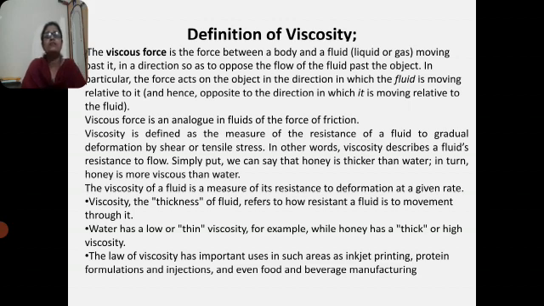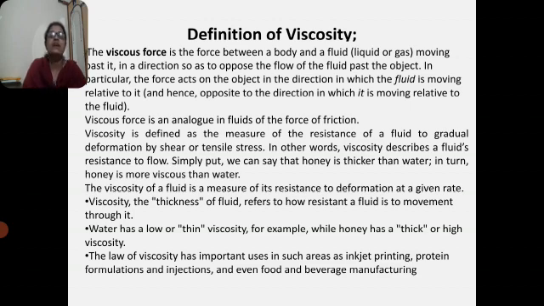In particular, the force acts on the object in the direction in which the fluid is moving relative to it, and hence opposite to the direction in which it is moving relative to the fluid. So viscous force is the analog in fluids of the force of friction. And now comes the viscosity.